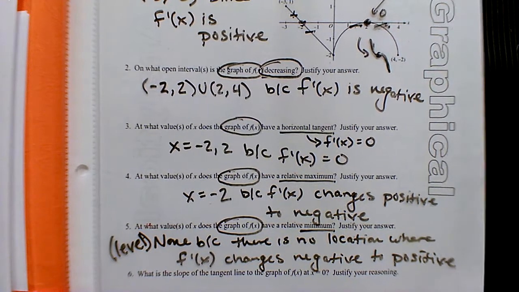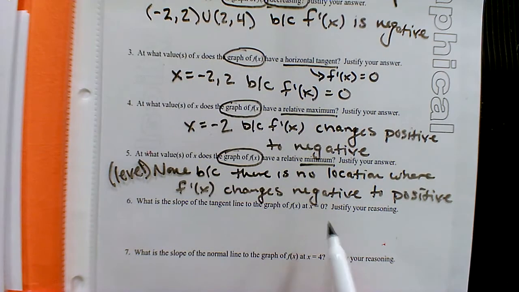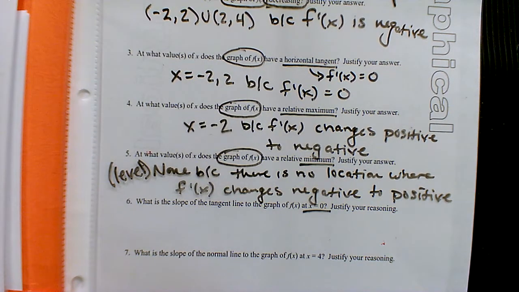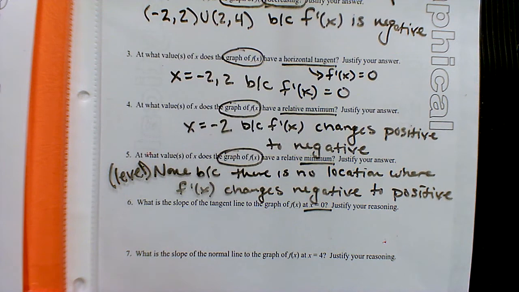All right, let's go ahead and check out 6. What is the slope of the tangent line to the graph of f of x at the x location of 0? When I say slope, you think tangent, aka derivative.